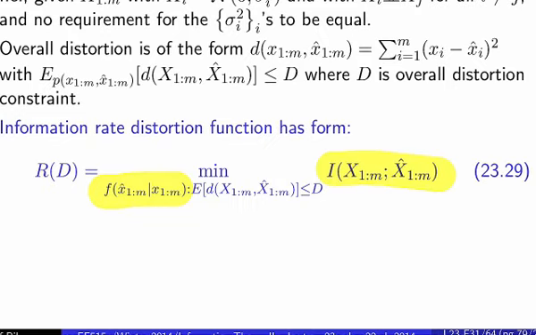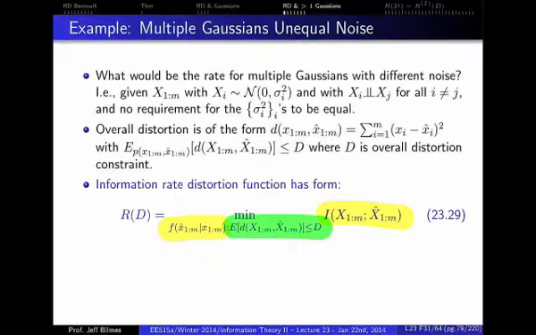We know they're Gaussian, we know their variances, we know they're independent, but we can't control them. What we can do is control the conditional distribution jointly, such that we satisfy this constraint. Okay, is everybody comfortable with the objective?